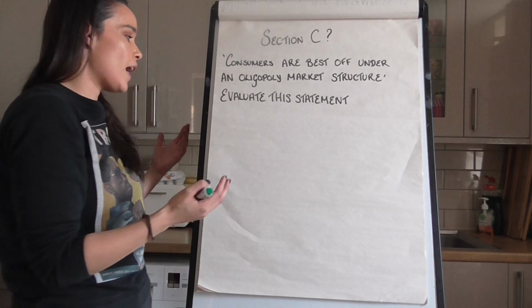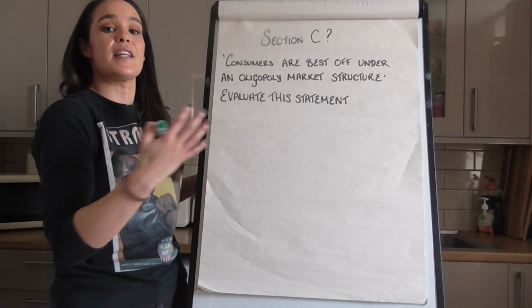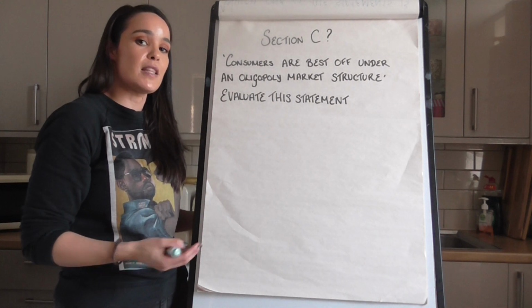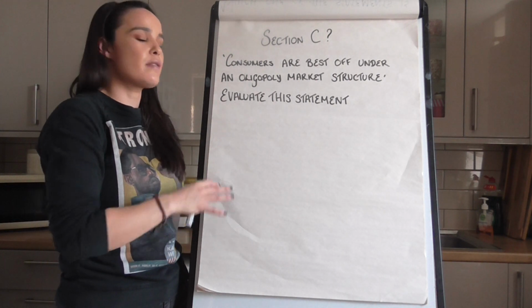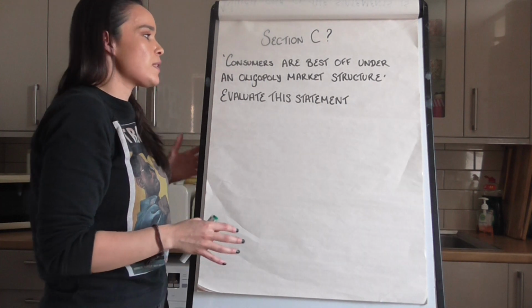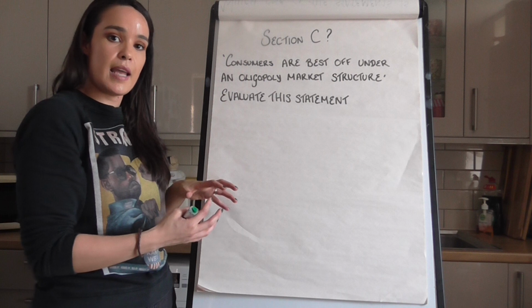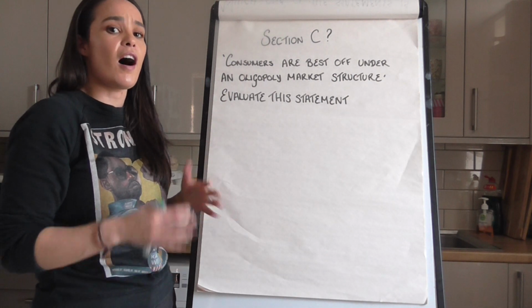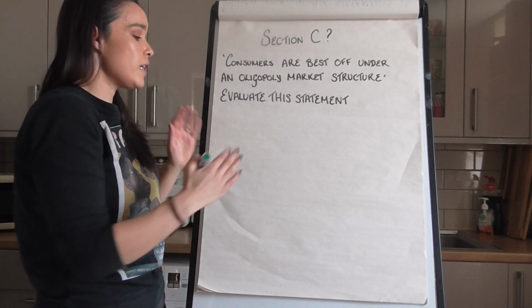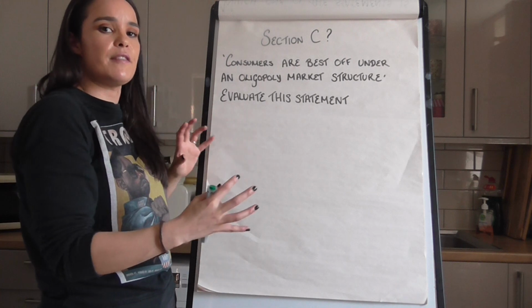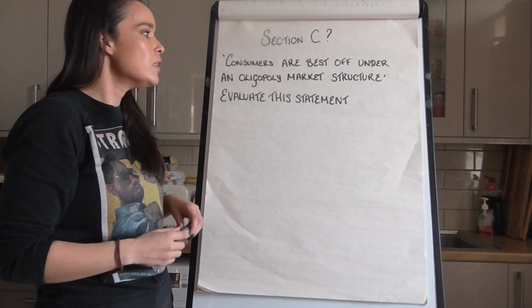Or you might talk about how there's perfect information, so consumers are able to make the best decision for them, no irrational consumer behaviour. So it forms part of an argument that may come under section C, but I personally don't think it will be a very narrow full 25 mark question.